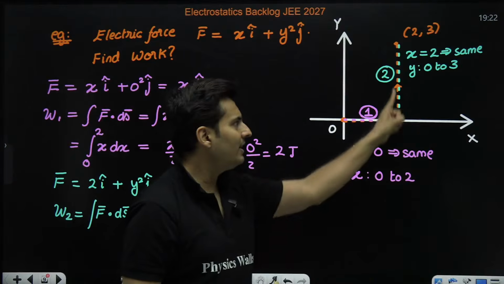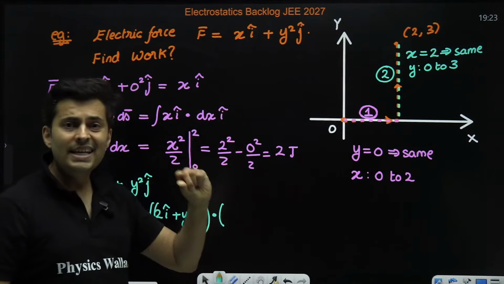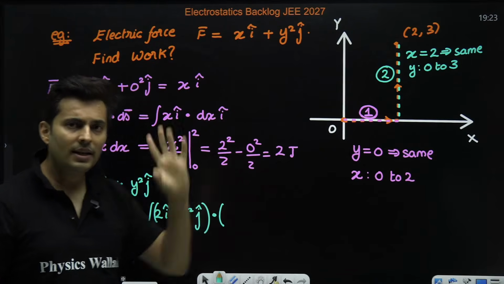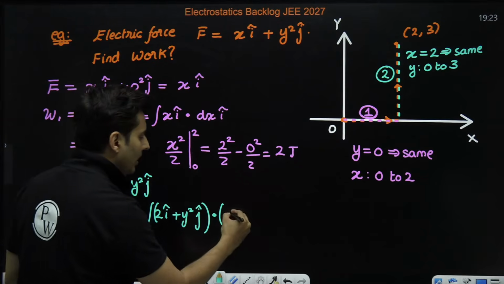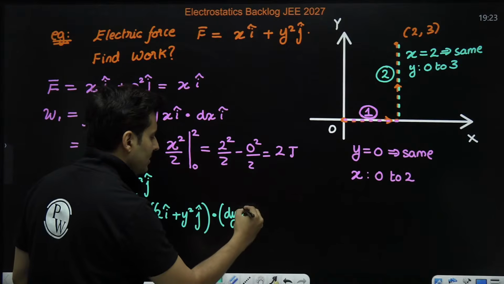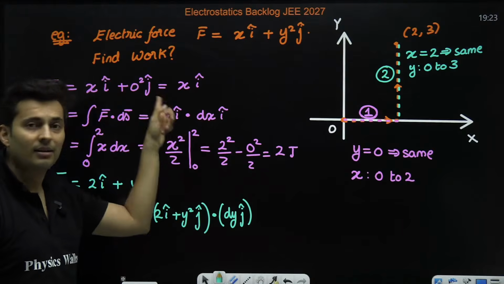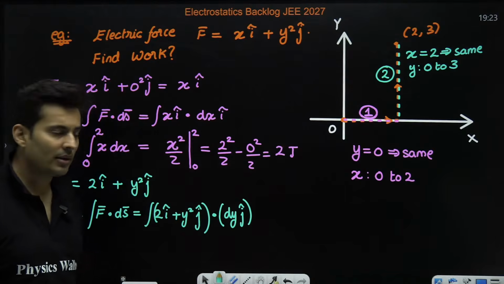My displacement is happening in the y direction, so ds is dy, not dx, not dz, only dy, because I am going vertically up, so it will be dy j cap. Is that right, everybody? Why is this dy and why was this earlier dx? Because you are going horizontally.